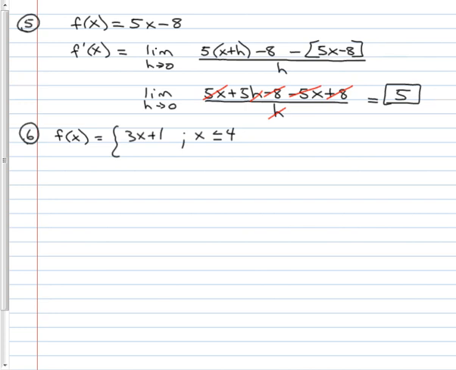I think that's what that says, less than or equal to 4, and 17 minus x when the x's are greater than 4. So find the derivative of f at x equals 4 if it exists. And if it does not exist, explain why it does not exist.